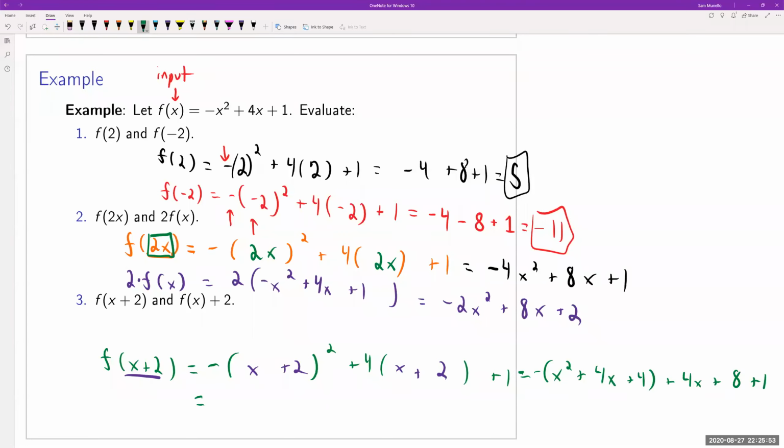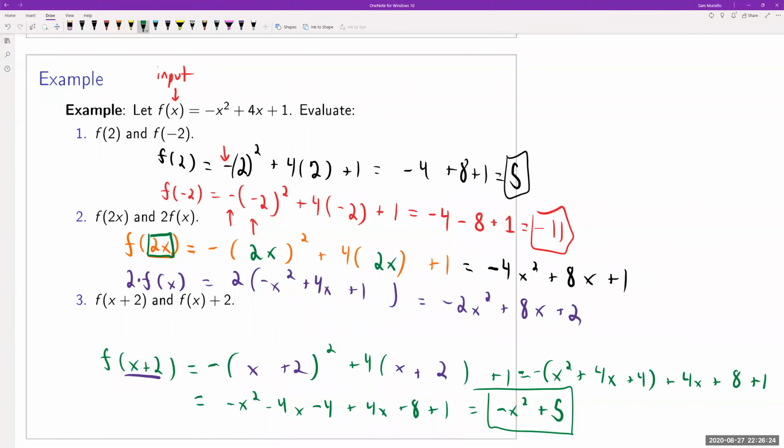Then I can distribute this negative: minus x squared minus 4x minus 4 plus 4x plus 8 plus 1. And now I can just combine like terms. Negative x squared, the 4x's cancel, and then I have 8 minus 4 is 4 plus 1, 5.